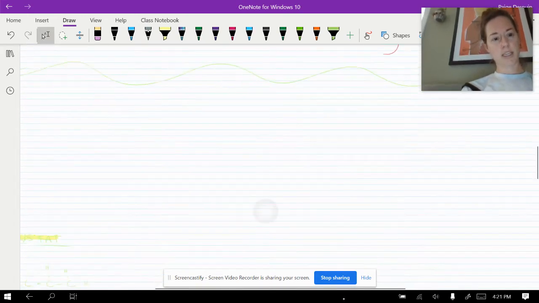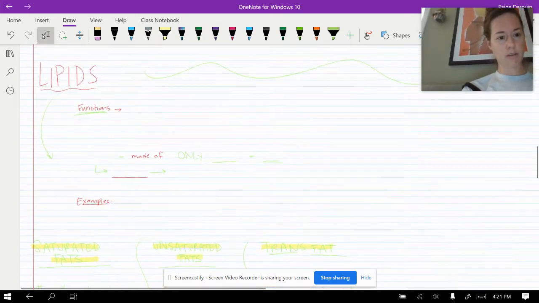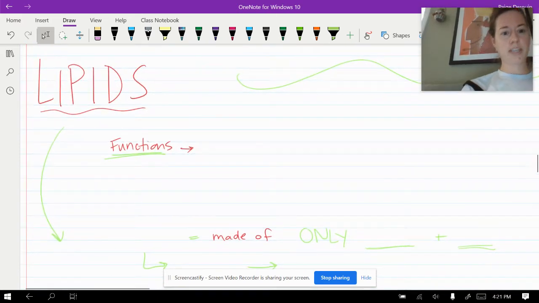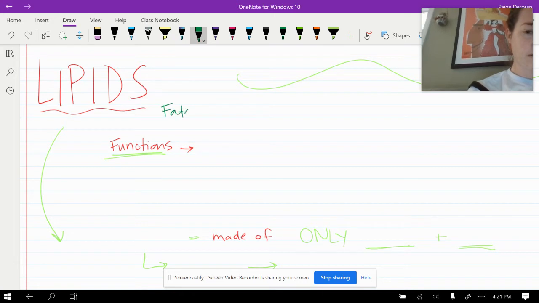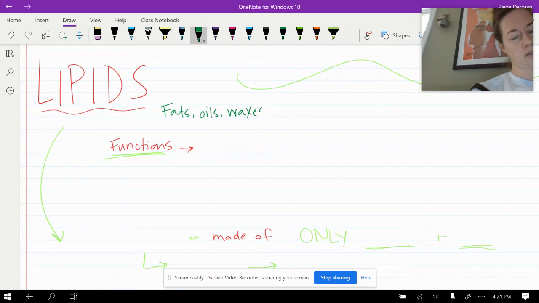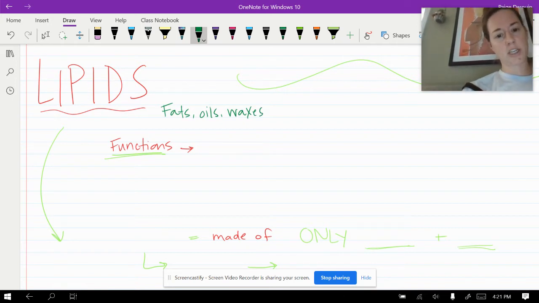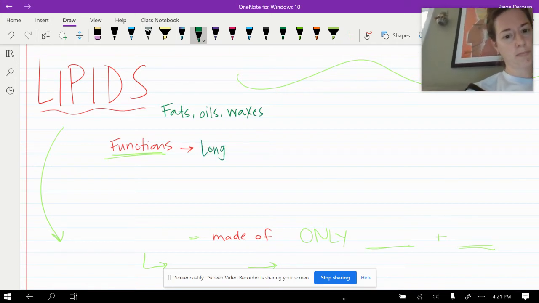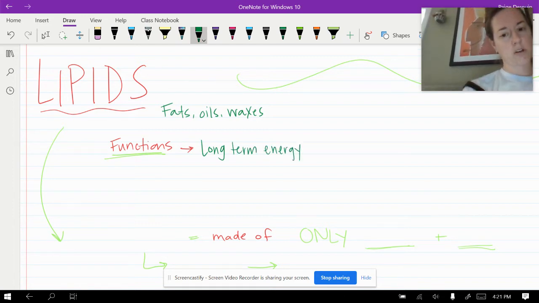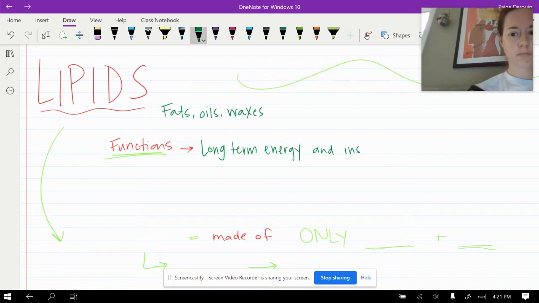Next one is lipids. So we're going to come down here to talk about that. Lipids are your fats, oils, waxes, and their functions are going to be long-term energy, as well as insulation, which you might know has to do with retaining heat.